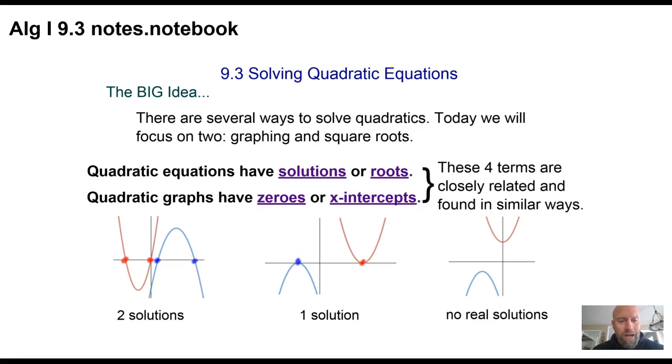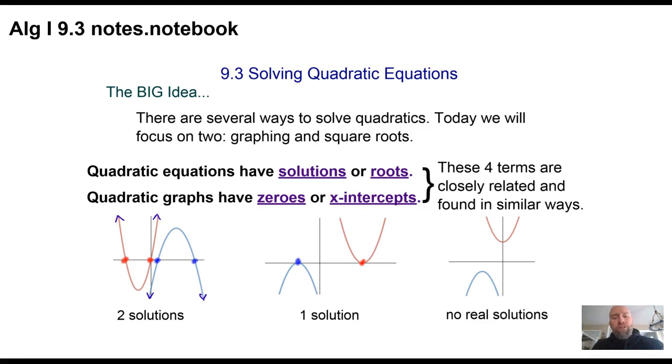So quadratic equations have solutions or roots, and quadratic equations have zeros or x-intercepts. These are going to happen at your x-intercepts, and we need to put arrows on these parabolas.